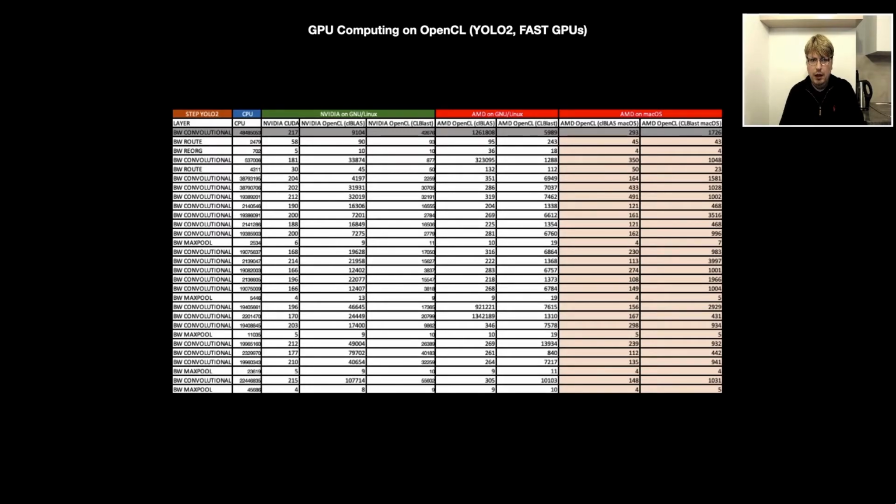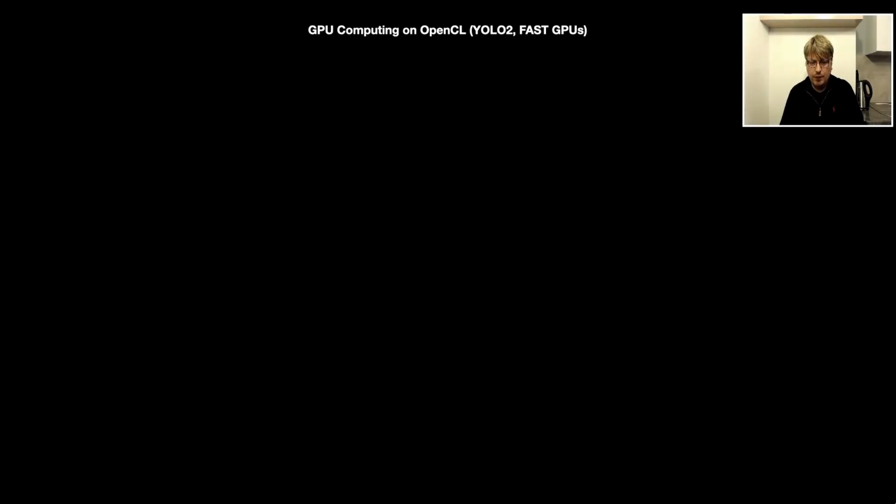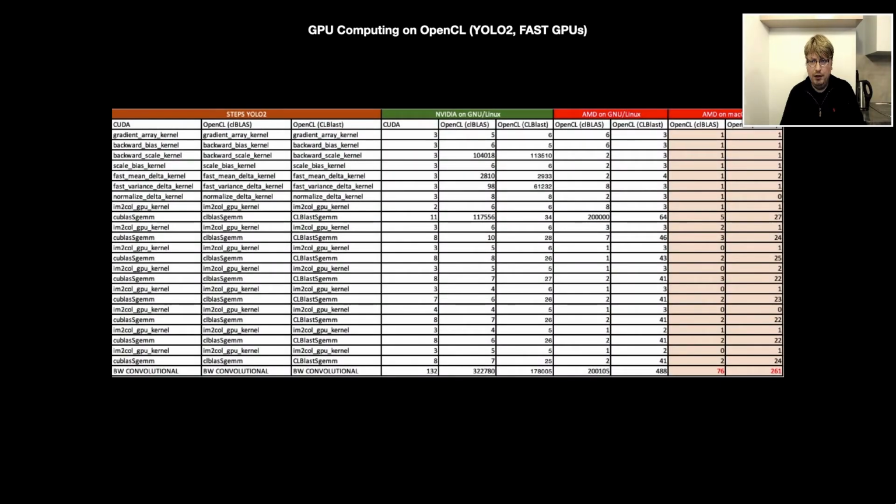And here, let me remove this. And here you have an additional thing. For this one particular layer, we checked what's inside. So basically, on different versions of the GPU and different versions of the software, you need to, for example, in the first row, gradient area kernel.